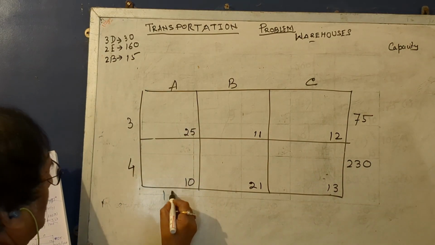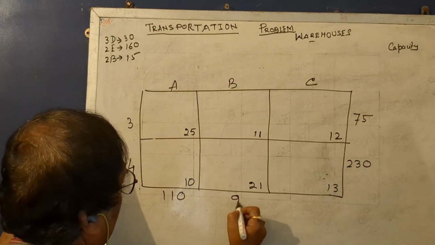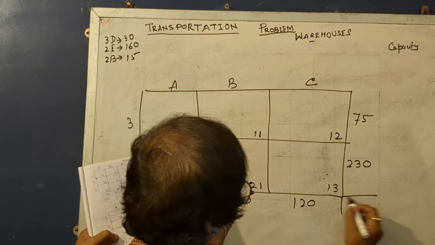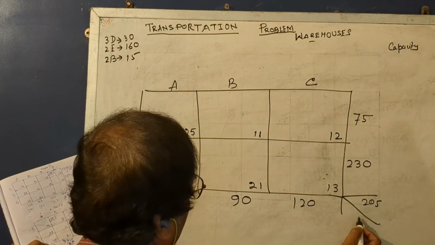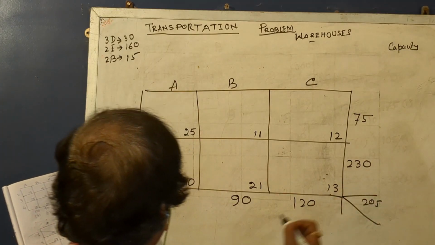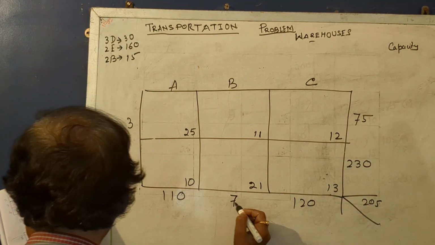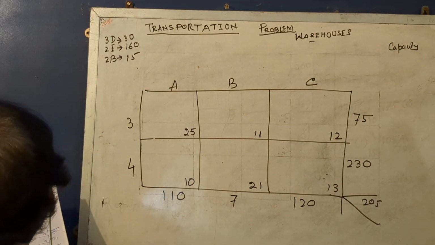And here 110, this is 70, 95, 90 and 120. You can check that the total of both sides will be the same. This is 75. That's why I'm checking. That will be 75.